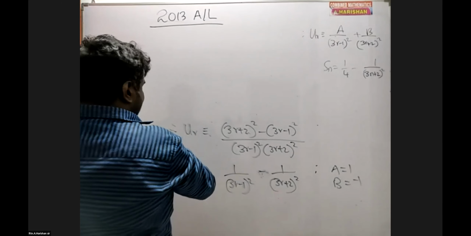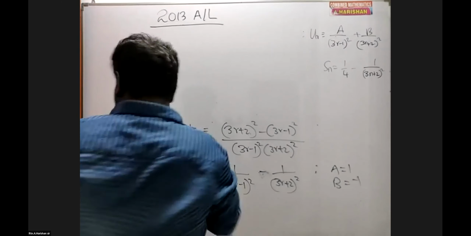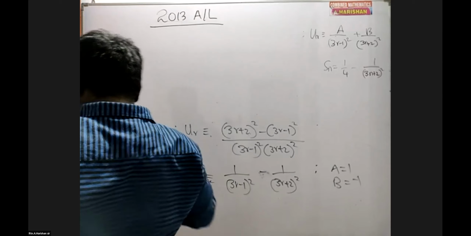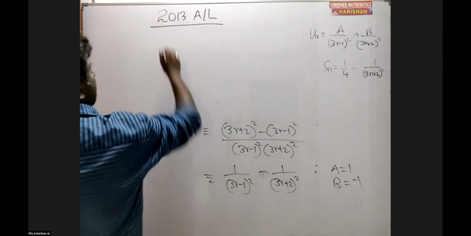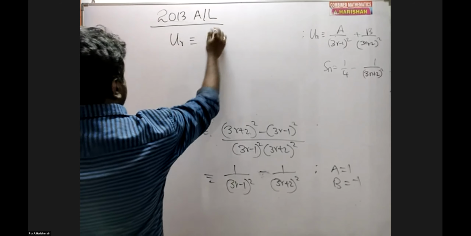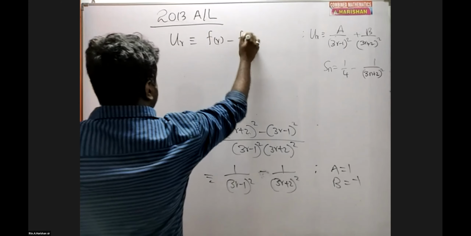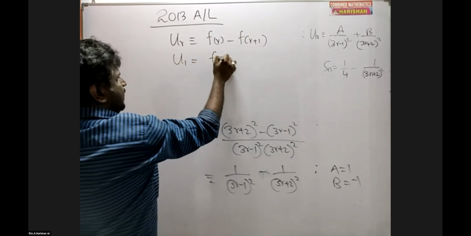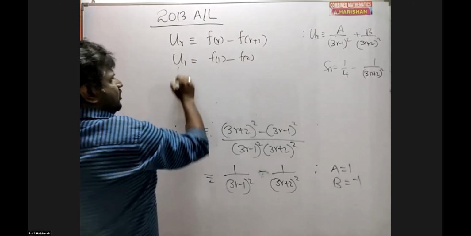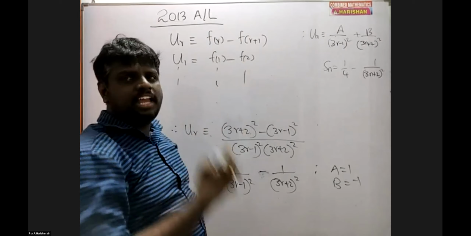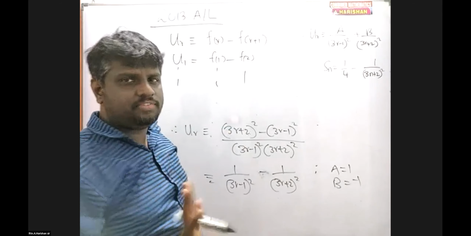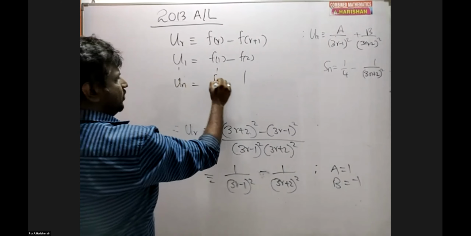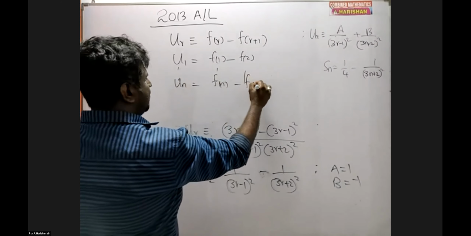Now you express that Ur as f of r minus f of r plus 1. If you add by putting u1 as f1 minus f2, you know we have to write the first 3 terms and last 3 terms, mandatory in your final exam. But I'm just writing the first and last only now: fn minus f of n plus 1.